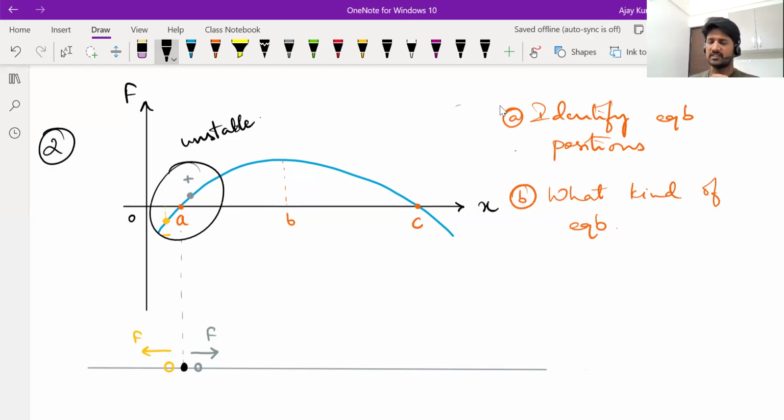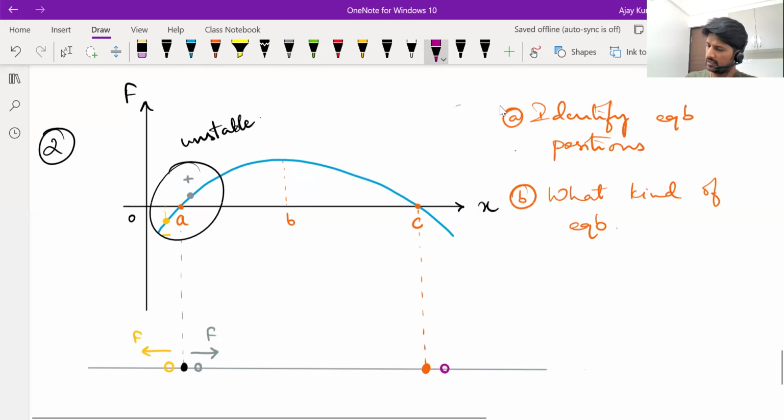Think about what happens at C and give your answer in chat, all of you. Find out whether it is stable, unstable, or neutral equilibrium. Exactly at C, we know it won't move because the force is 0. If you take it to the right of C, imagine what happens.